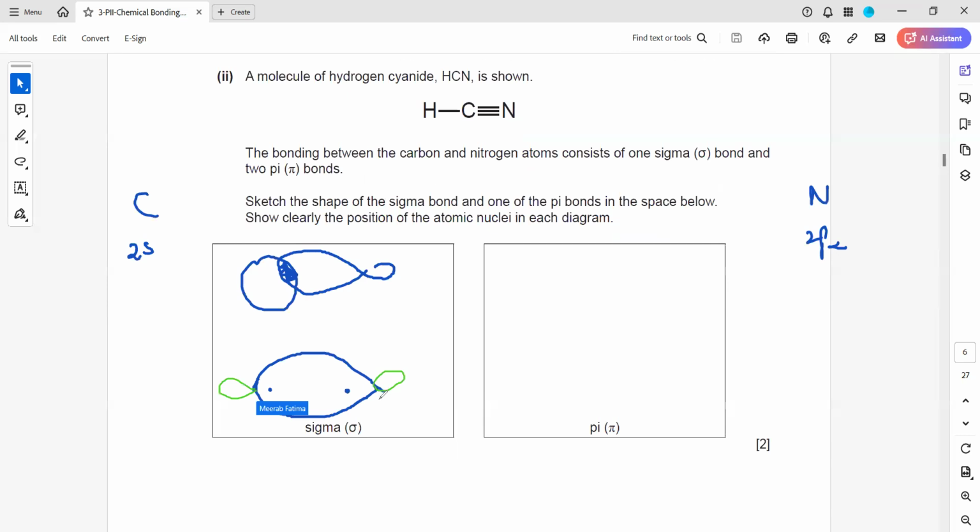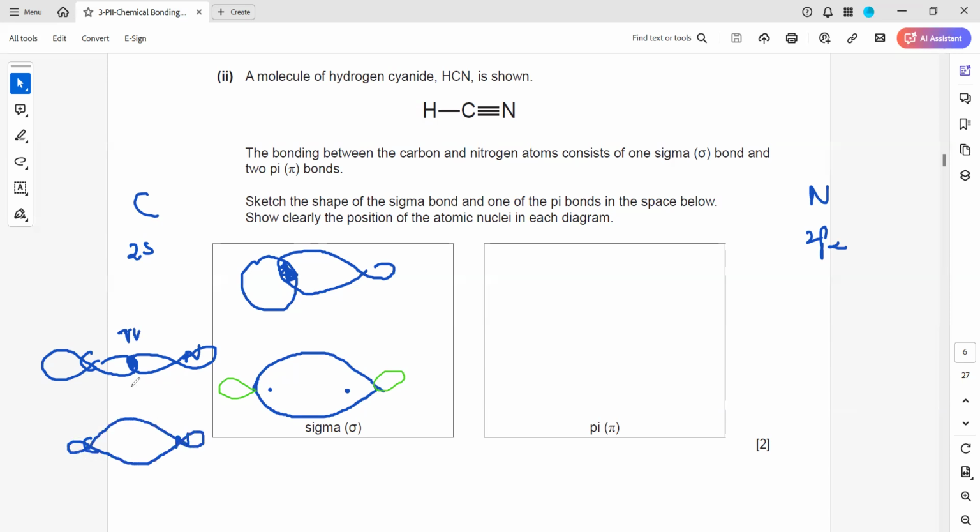What does this signify? What do the fins show? For example, you have a carbon and nitrogen, say this is a p orbital px, and this is also a px. Because of the overlapping, the probability of finding the electron is maximum between the two atoms, and the probability of the electrons being on the other side is minimum, but there is a chance. We draw it in this manner.